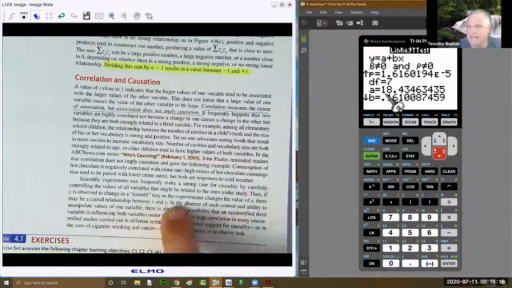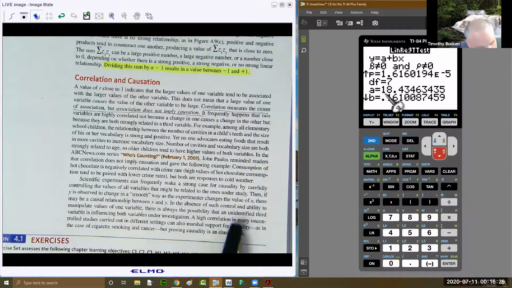But in the absence of such control and ability to manipulate values of one variable, there's always a possibility of an unidentified third variable that's influencing both variables under investigation. A high correlation in many uncontrolled studies carried out in different settings can also marshal support for causality, as in the case of cigarette smoking and cancer, but proving causality is an elusive task.